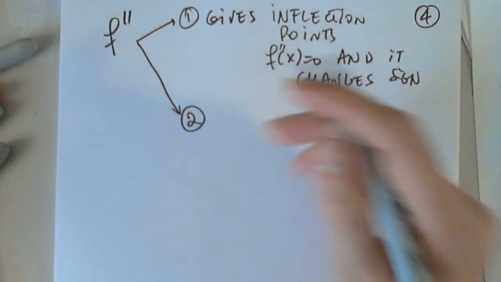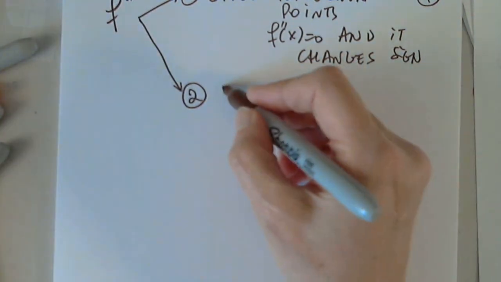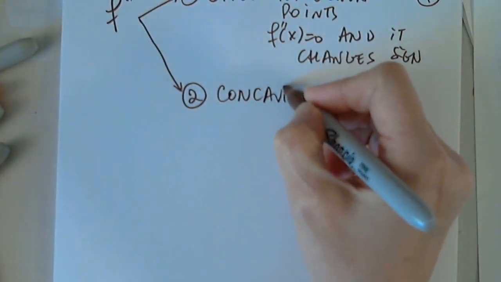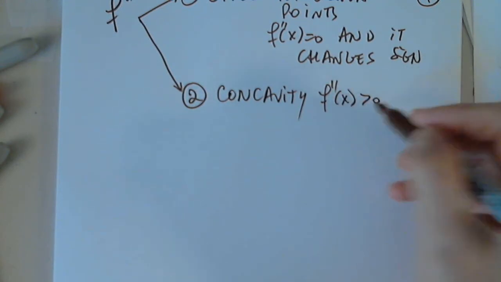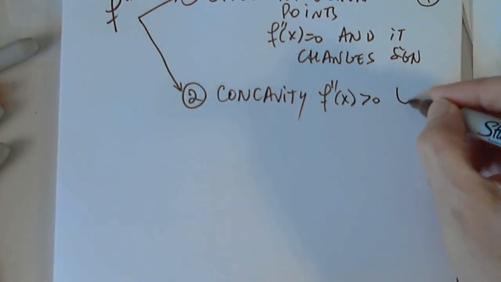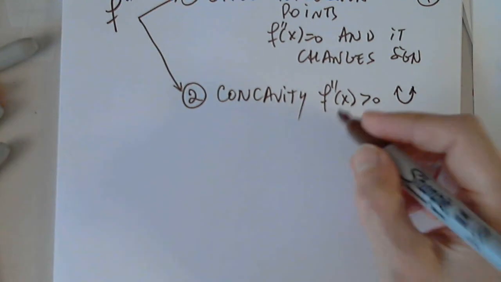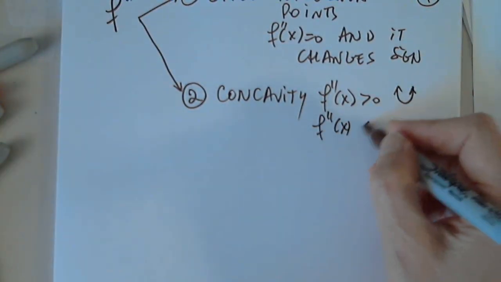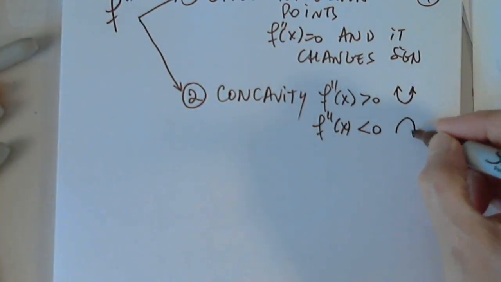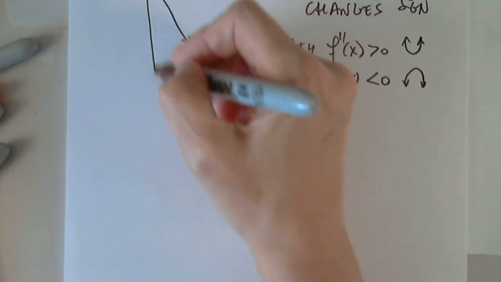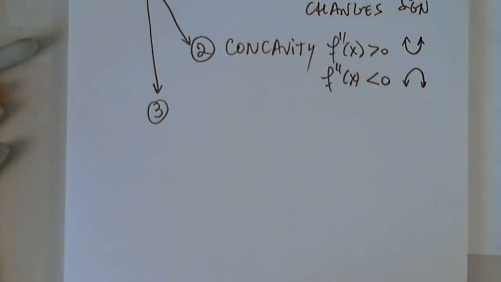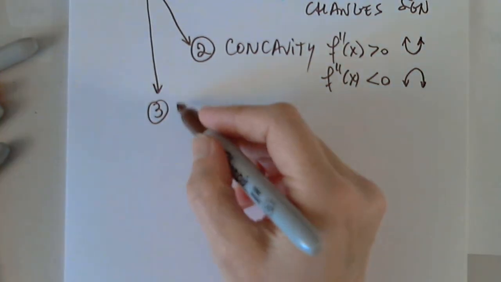Number 2, concavity. The second derivative positive, the function is holding water. Second derivative negative, the function is not holding water. And finally, number 3, the second derivative test.